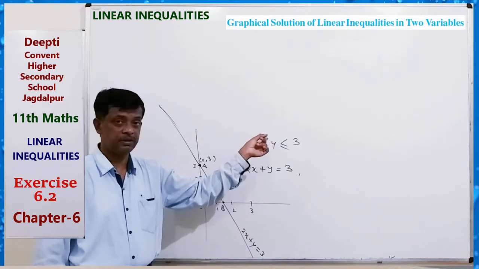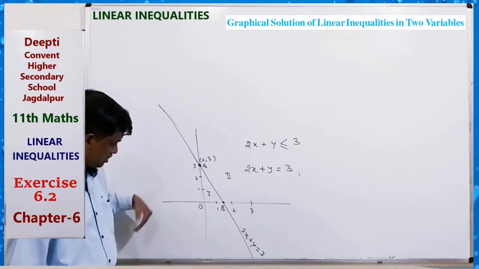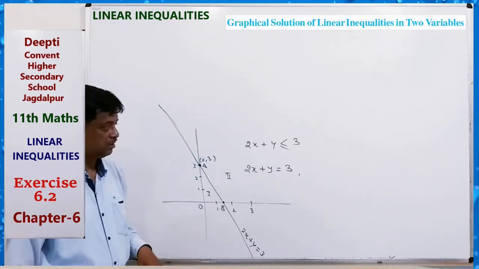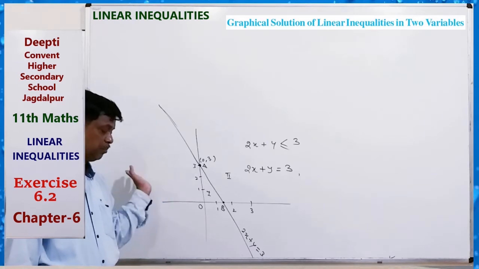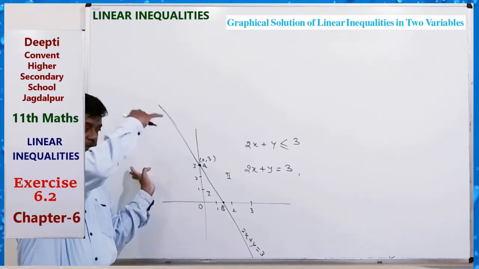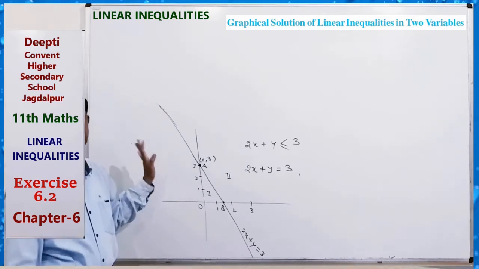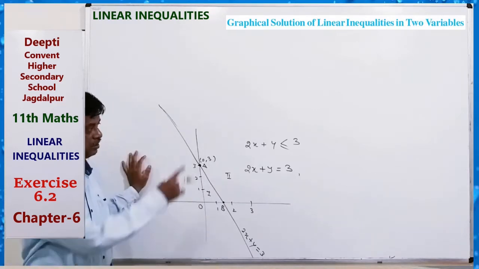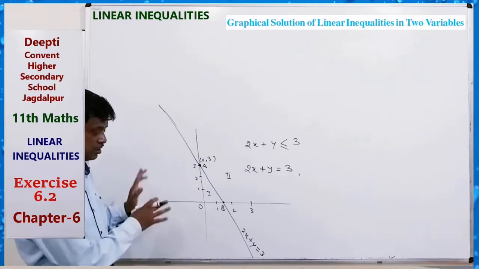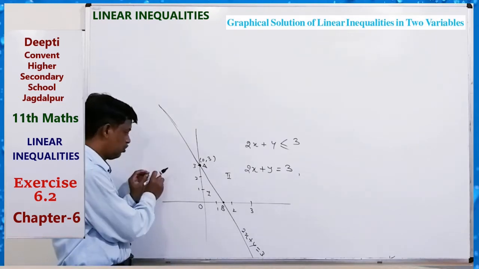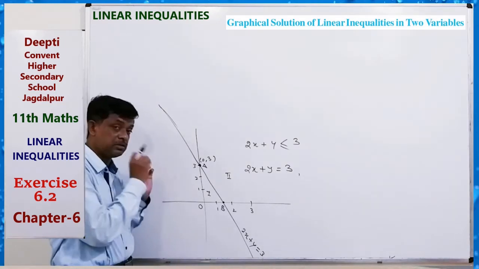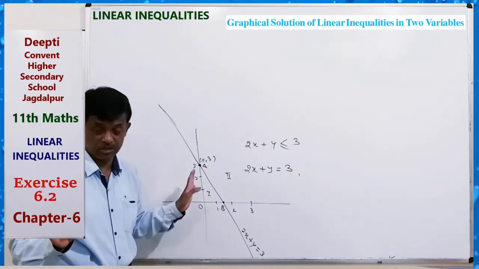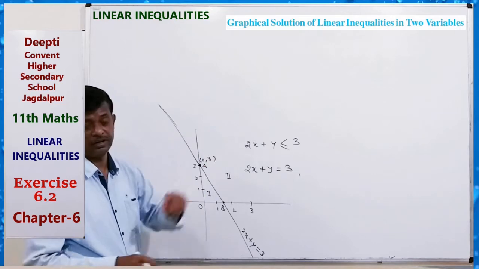If it satisfies for a point from the first half or from the second half, then we can say that the part in which the point is contained will be the solution region of the inequality. If that point does not satisfy this inequality, then that part is not the solution region of the inequality.